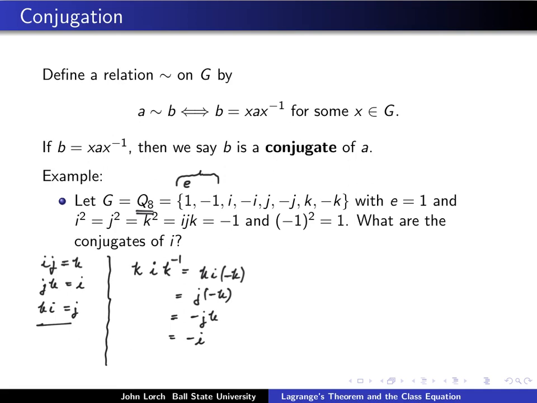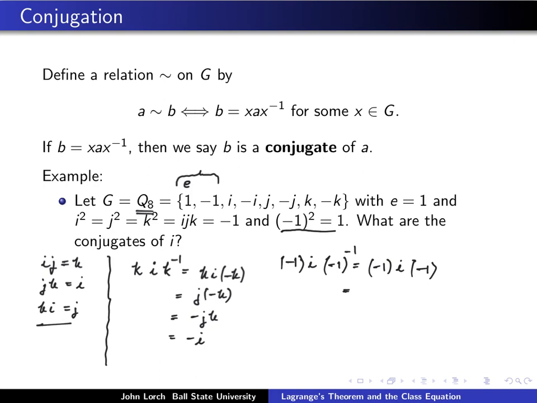So we can conjugate i by some other group element. For instance, we can take minus 1 times i times minus 1 inverse. That's minus 1 times i times minus 1. Minus 1 is its own inverse because minus 1 times itself is 1.